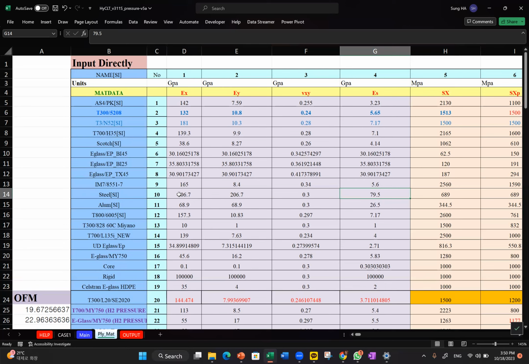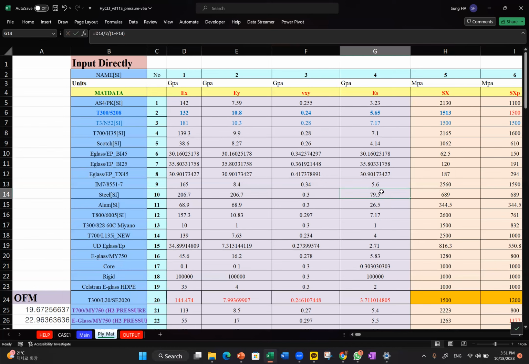As you know, for an isotropic material the shear modulus is not independent. Actually, there is an equation: it equals this one divided by 2 times (1 plus Poisson's ratio). This is very famous.